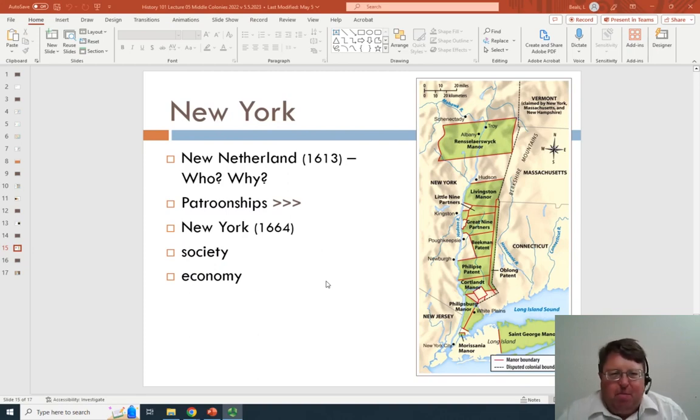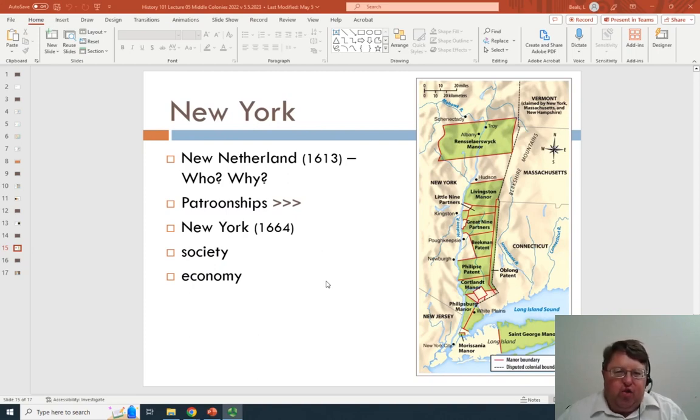You can trade, be merchants. The English negotiate that you're just English now. It's an English colony, and the Dutch aren't forcibly moved. You can stay there. You can be rich. Those patroonships, that's fine. It's just you accept British rule.